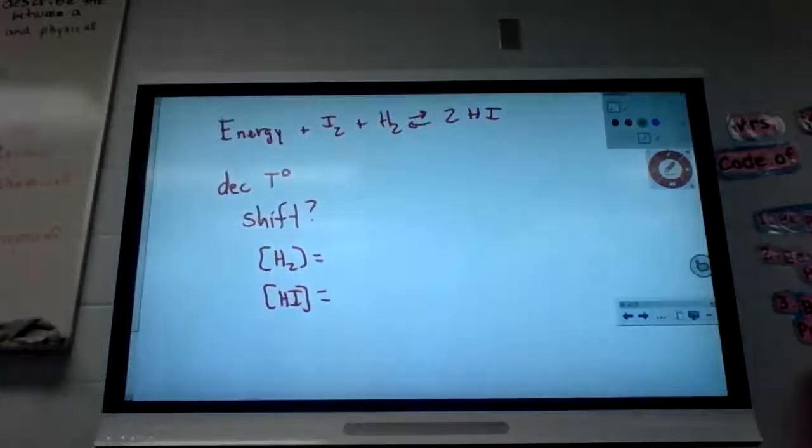All right, so when you look at the question, there's your equation. We're going to decrease the temperature. We want to figure out which way it goes, and then we want to know what happens to H2. To the right. Okay, hold on. Let's not just assume automatically to the right.